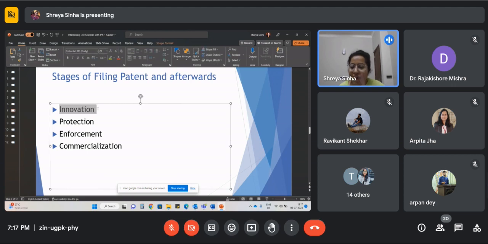Innovation: I've already developed a pen with a torch, and so I'm ready to file the process of how the torch is developed. Now protection: I filed for a patent for the protection. Enforcement is, suppose during the 3 to 4 years, I'll get the patent. So I'll enforce it so that I'll let the public know that this belongs to me.